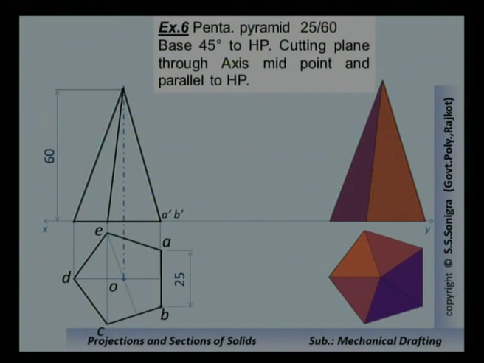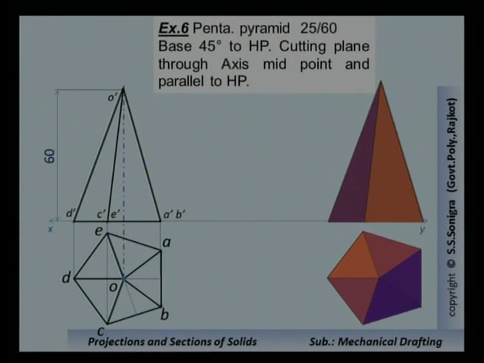Now here A dash B dash would be here, C dash, E dash would be here, and D dash is here. The apex point O dash is here. Now the base at 45 degrees to HP is given, which means we have to redraw this solid in such a way that this base A dash, B dash, C dash, D dash and E dash makes an angle of 45 degrees with the XY line.